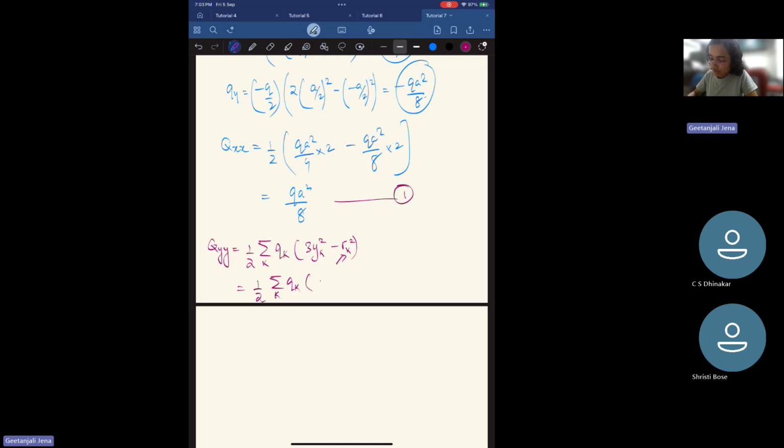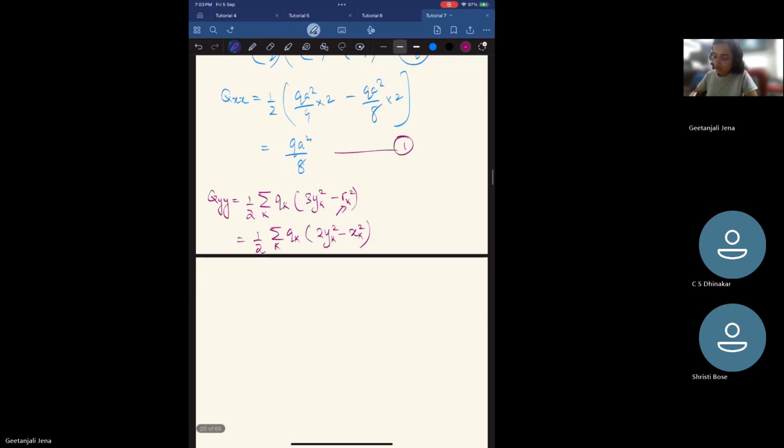So this will give 2yk squared minus xk squared. The next calculation is similar to what we have seen in Qxx. For each charge, we need to find out the contribution to the summation, then we add it up to find the total value.